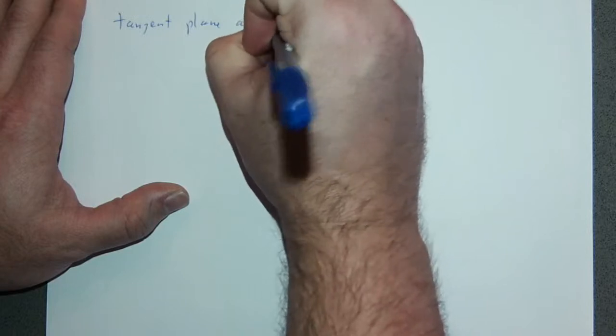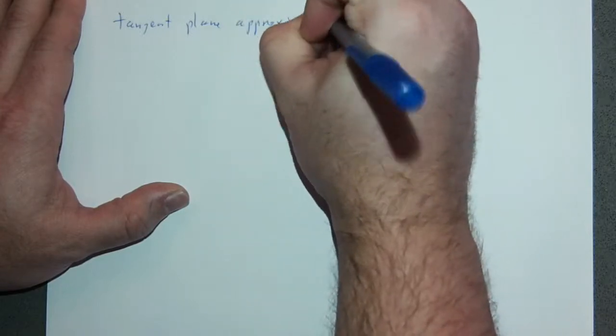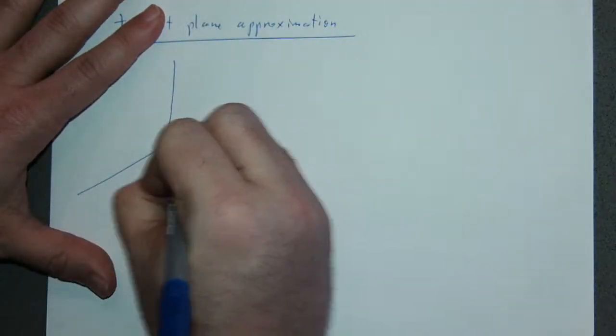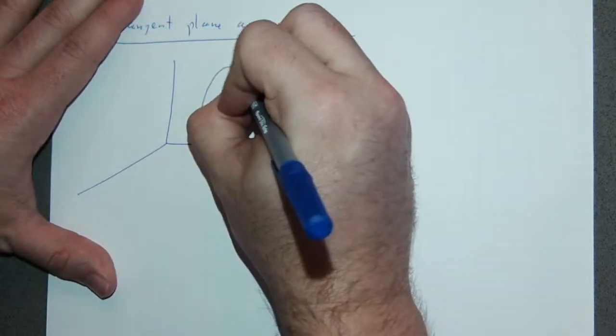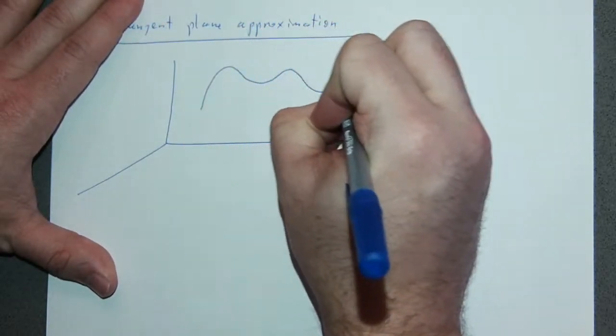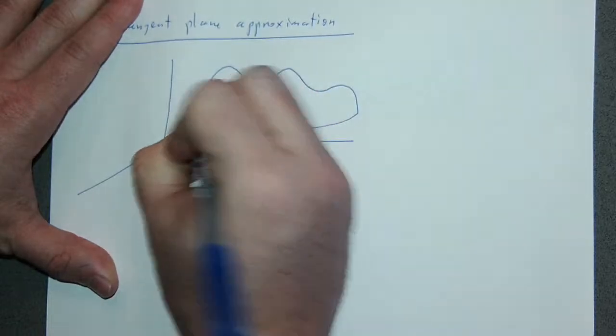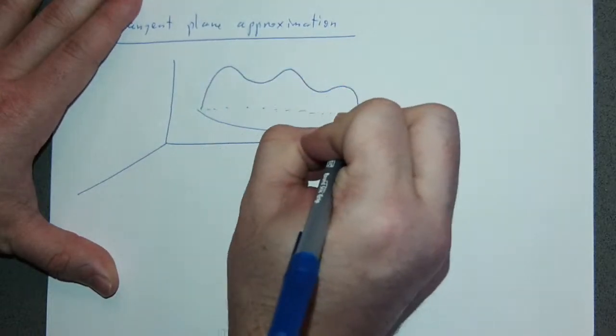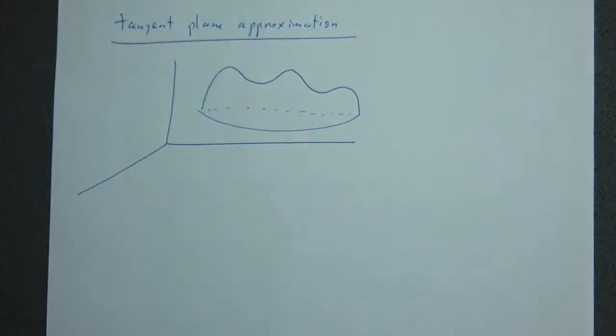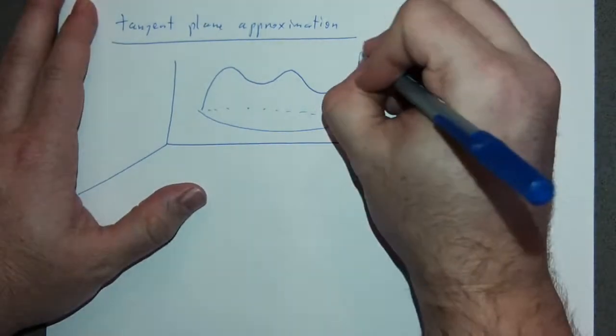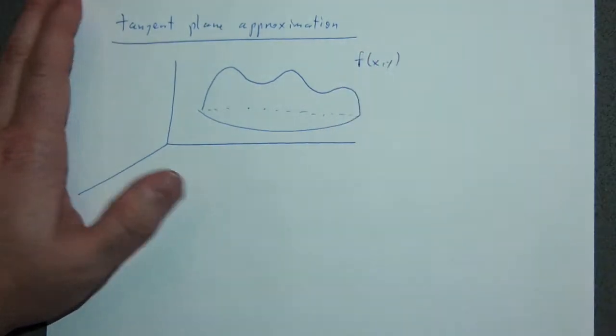So the picture is exactly the same as we just saw. The idea is that I have some graph of some function. Maybe it looks like this. All right. So here's my f of x, y.